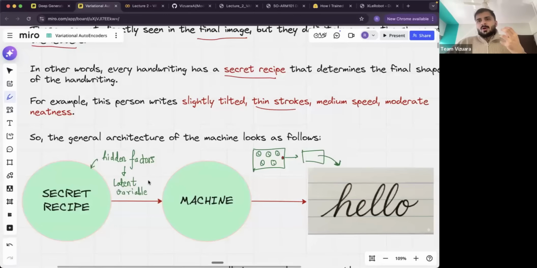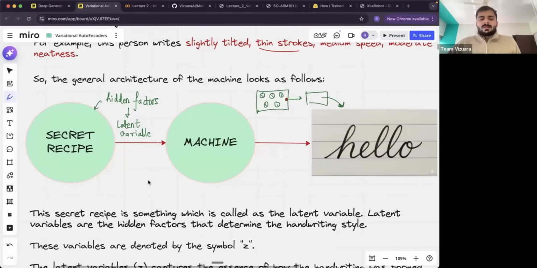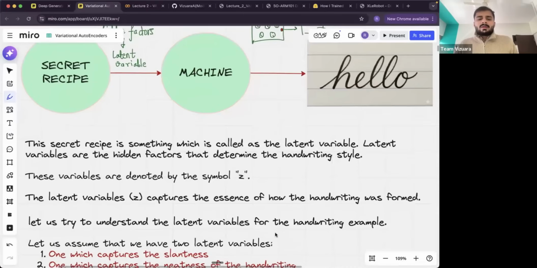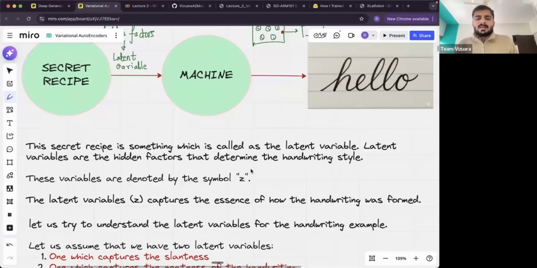The thought process is: let's not go with image generation directly, but first understand the hidden factors of variation, because once we understand that, we can generate different samples coming from that same class. These variables are denoted by the symbol Z, and they capture the essence of how the handwriting was formed.